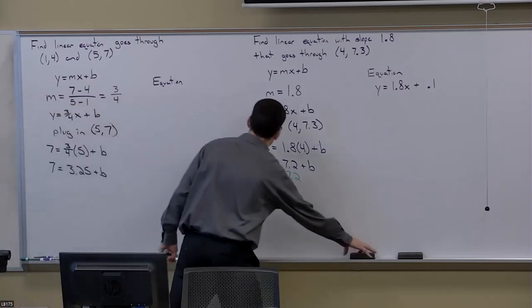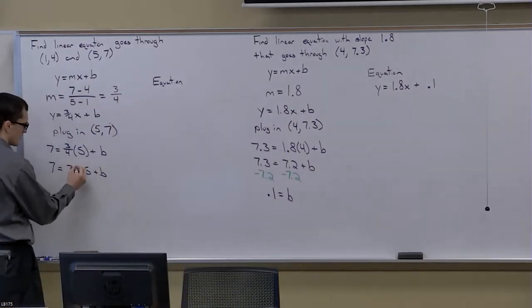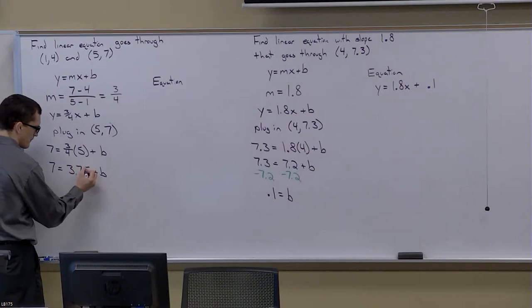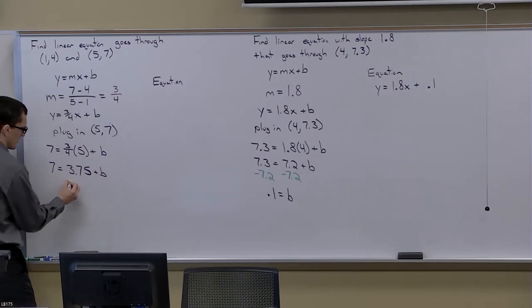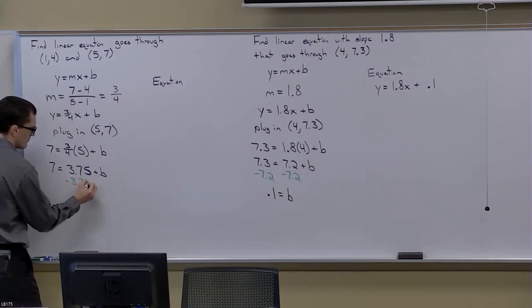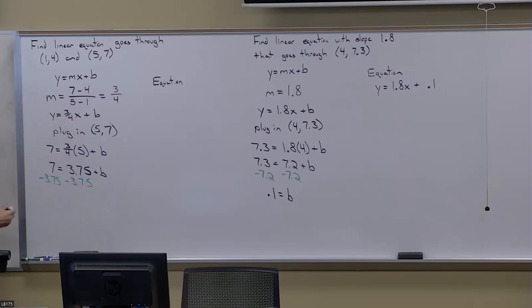I knew that was gonna happen. Gonna do something wrong in my head. 3.75, excuse me. And then subtracting 3.75 from both sides, that's what I think I was going with this. It's 3.25 is the b. Yeah, that's what I'm looking for.